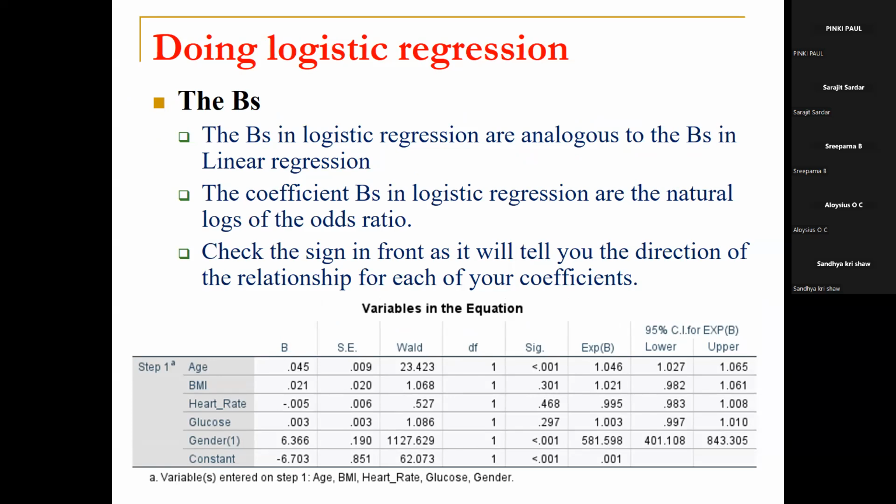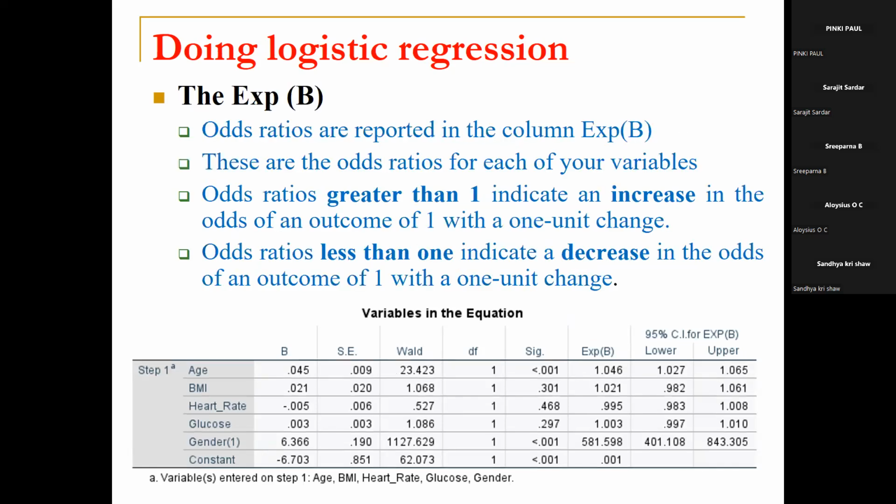The sign in front of it will tell you the direction of the relation. If it is positive, it increases. If it is negative, it decreases as the variable value increases. Then, as I told you, EXP(B) is the odds ratio, for each of the variables. An odds ratio greater than 1 indicates an increase in the odds of an outcome of 1 with a 1 unit change in the independent variable.